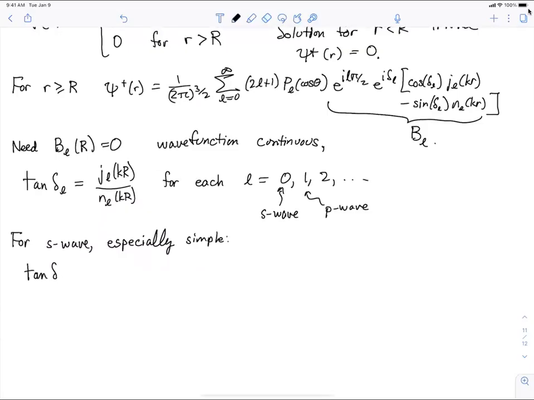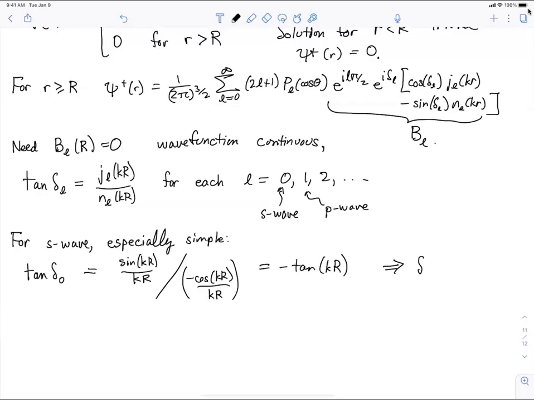We're taking the tangent of the phase shift delta 0, and the function j_L of kr turns out to be sine of kr over kr for L equals 0. And then we're dividing by n_L of kr, which is minus cosine kr over kr, just looking up those functions. So that's equal to minus tangent of kR. And so from that, we can conclude that the phase shift delta 0 is minus k times R.